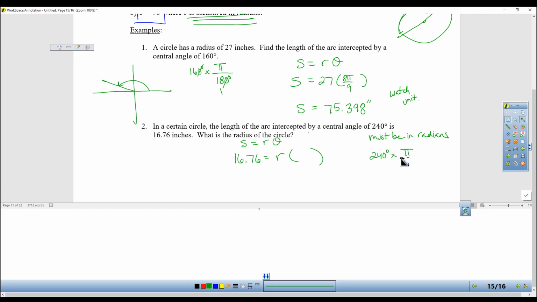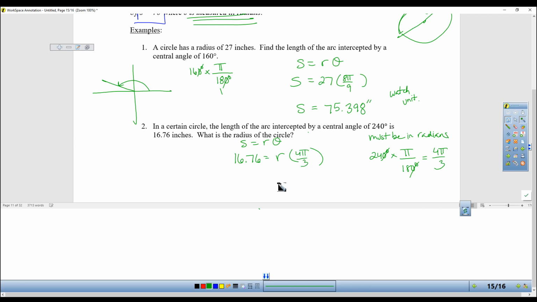So the conversion factor is that 180 degrees is the same as pi. But I put the 180 on the bottom because I want it to cancel. So now I just get radian measure. I can also cancel the zeros, and 24 and 18 reduce to 4/3 if I divide by 6.